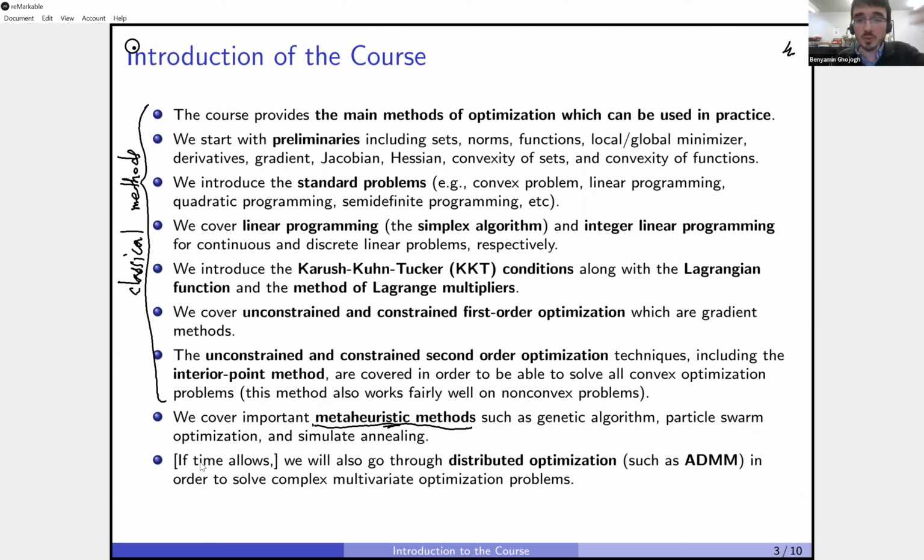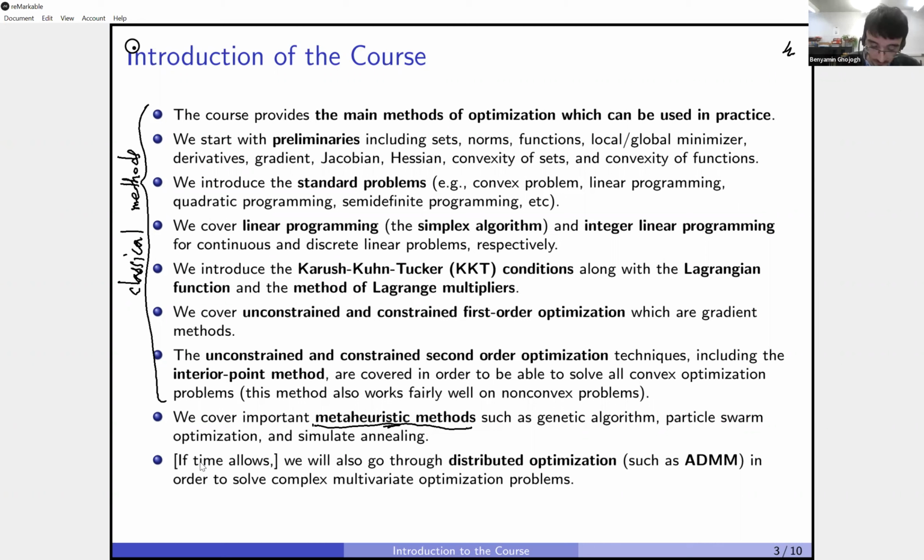Or what if we have too many constraints? An example is that, for example, if you want to optimize the aerodynamic structure of airplanes, these are very complicated optimizations. Sometimes it's very hard to use classical methods for them. Then we can use meta-heuristic methods for these problems. We'll see how they work.